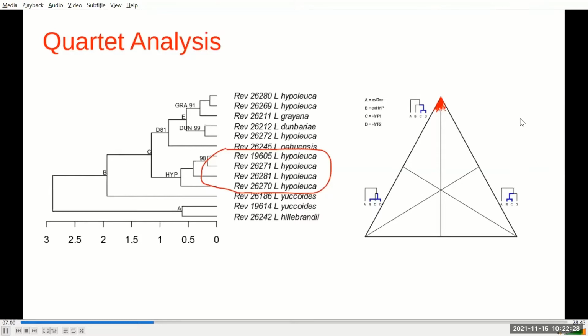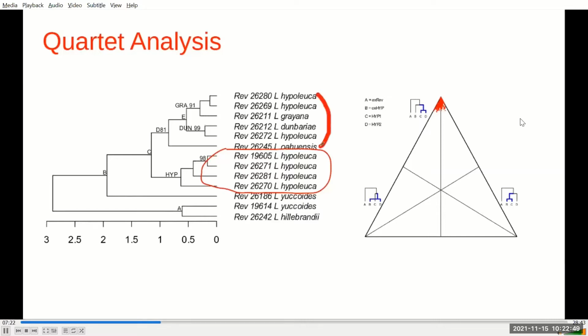For example, in this case, let's say I'm trying to show that these 4 Lobelia hypoleuca species form a monophyletic clade. To form the quartet, you choose 2 of these accessions, for example, 19605 and 26271.